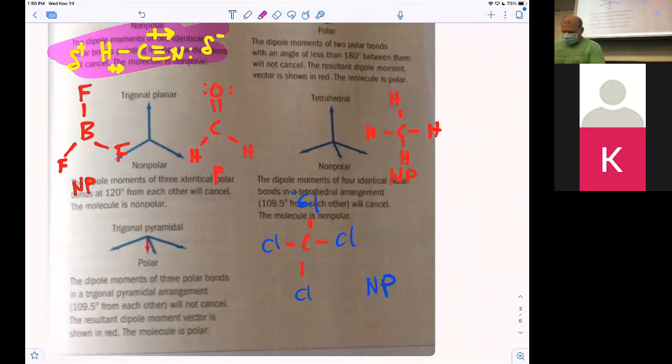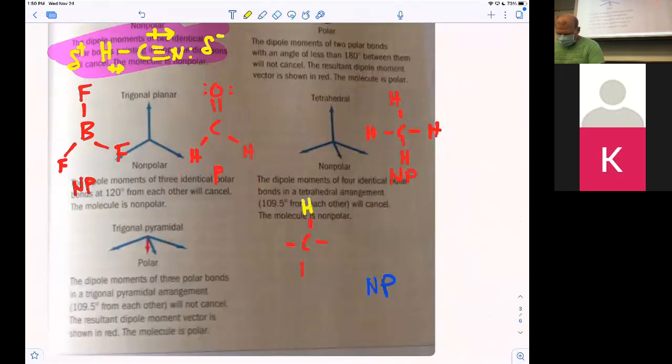Same thing with tetrahedral. If everything is the same, so if you see here with methane, all atoms are the same, it's nonpolar. So then what if we start playing some game where we start changing the atom?